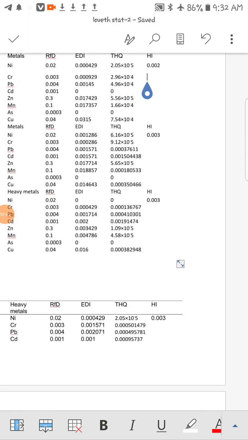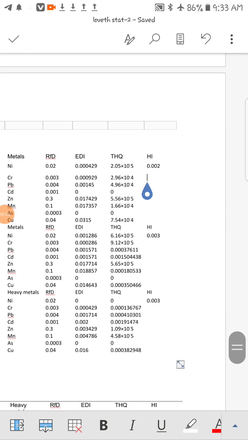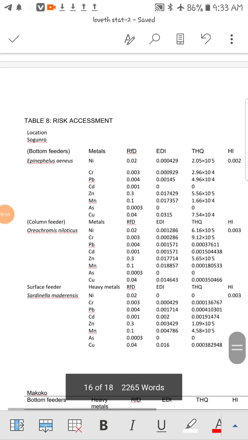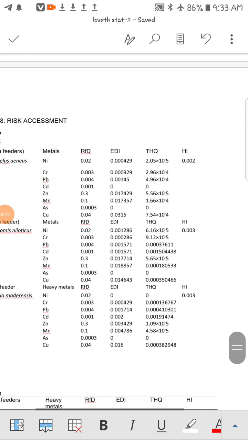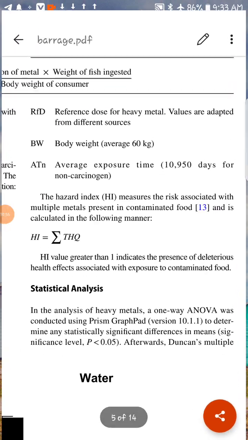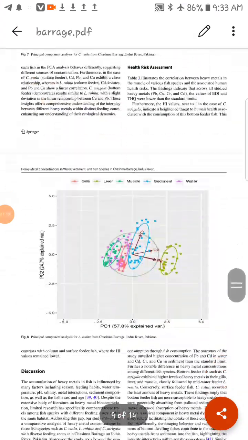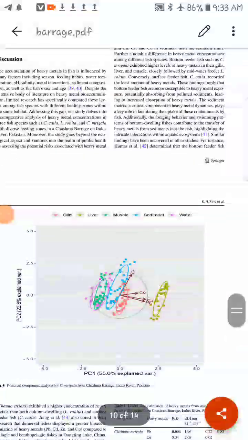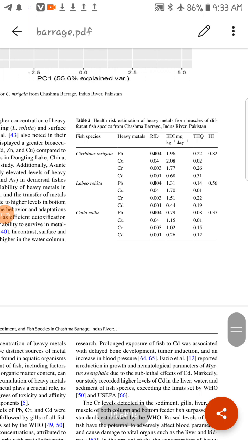So, you can see the highest there is just 0.003, which is even the bottom feeders at Makoko, and at Shogunle having 0.002. So, which is also correlating with what they have here in Pakistan. If you look at Pakistan, all their hazard quotients still, none of them is up to 1.